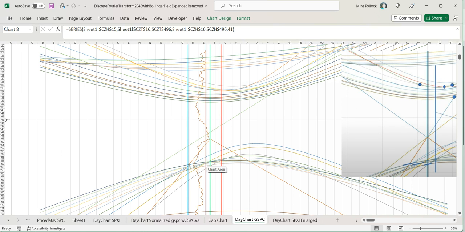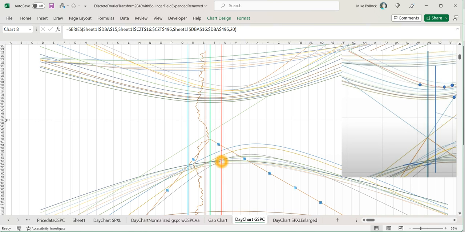So we see that there's the low. It's a pretty dominant intersection right here. And the high is also a fairly dominant intersection right here.